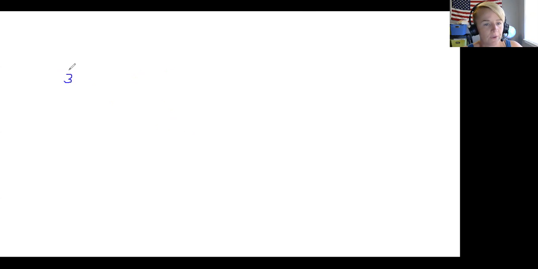Alrighty, folks, number three. Number three says X plus 3 folders at 10 cents each. So it just means we don't know what X is. So some number plus 3 folders at 10 cents each. We don't know what the number is, but we do know that we can solve this problem.